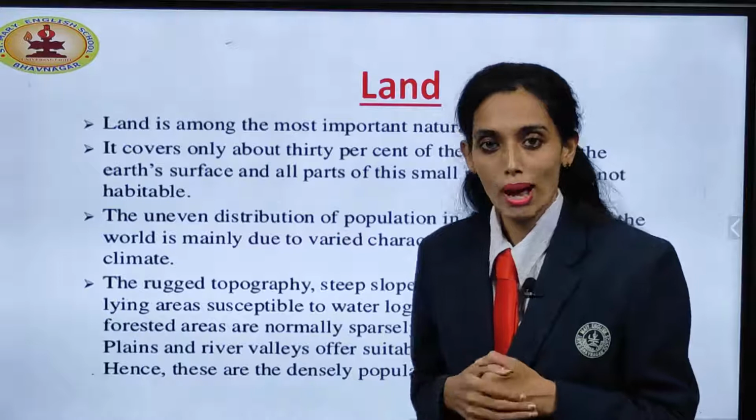Land use. The second topic is land use. Why do we use the land? For what purposes are we using land? Land is used for different purposes such as agriculture, forestry, mining, building houses, roads, and setting up industries. This is commonly termed as land use. We use this land for our own purposes.